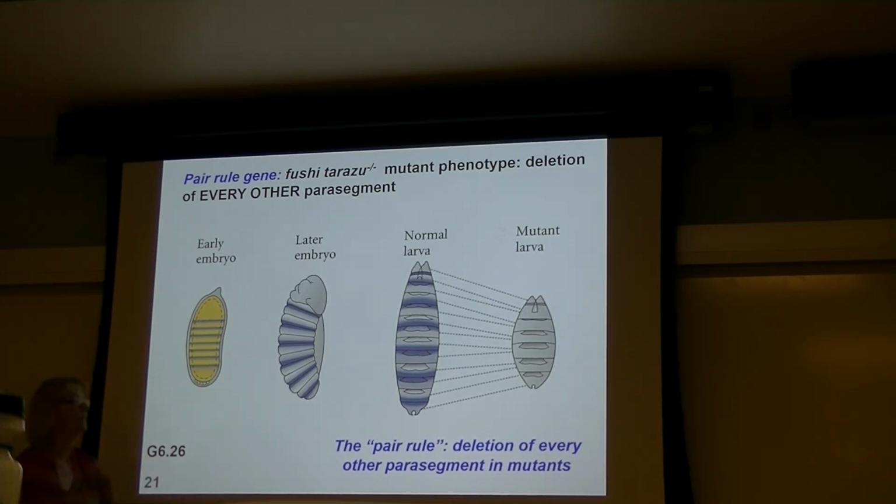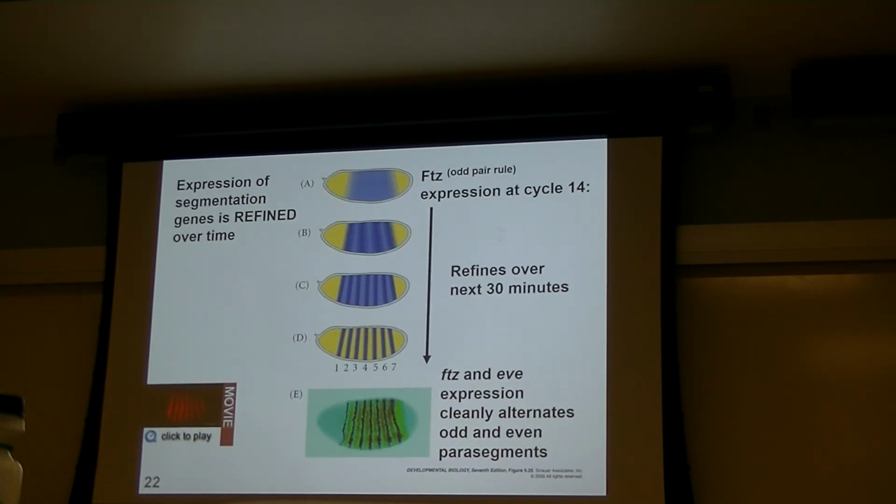So we've termed these the pair-rule genes, and I think they decided to use that terminology because of the every-other-parasegment type of expression for these particular genes. Okay, so one of the things that you can observe with these stripes is a certain crispiness that comes with time.